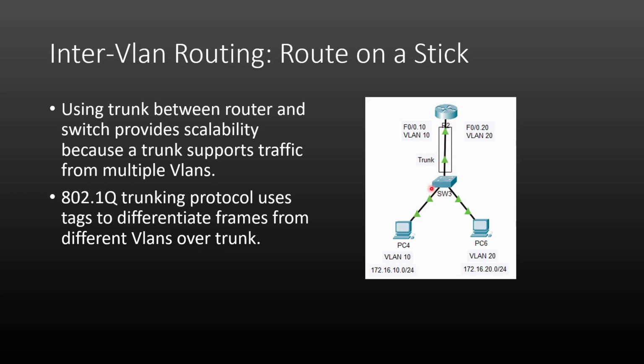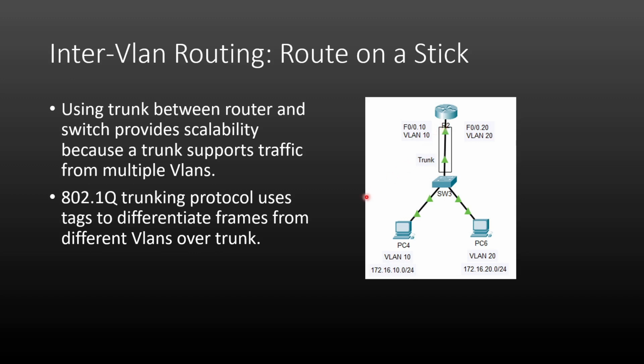Before switch 3 places the frame on the trunk, switch 3 will insert a VLAN ID as a tag in the original Ethernet frame. Then that tag identifies the VLAN membership. So the router on the other end receives this tagged frame and will be able to place it on the VLAN 10 subinterface based on the tag in the frame.